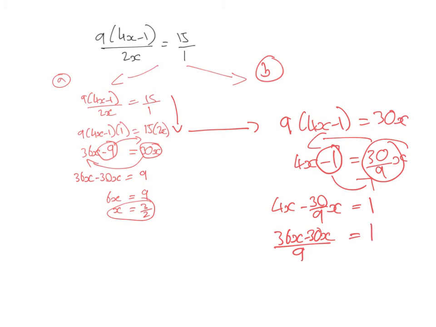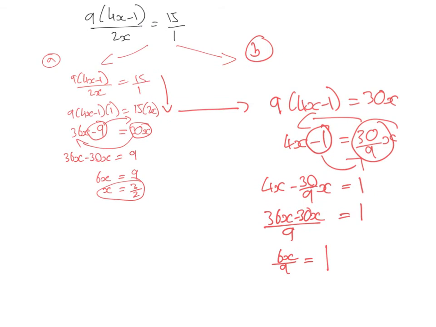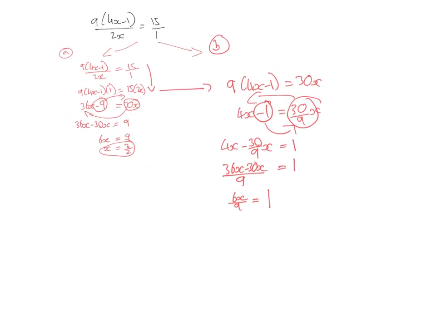So what do we have then? We have 6x over 9 equals 1. Okay, and if we wanted to do that, then times by the reciprocal. So to get just x, we times by the reciprocal of the thing.